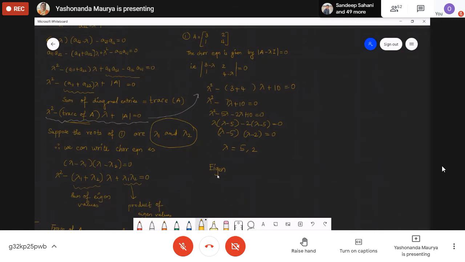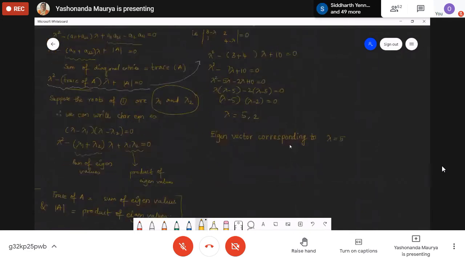The eigenvector corresponding to lambda equal to 5. So this is what we are going to do.